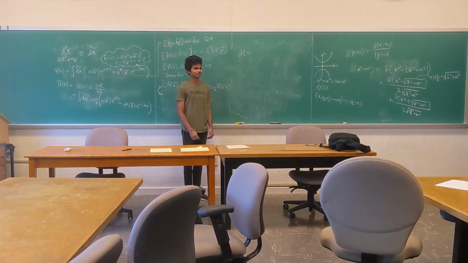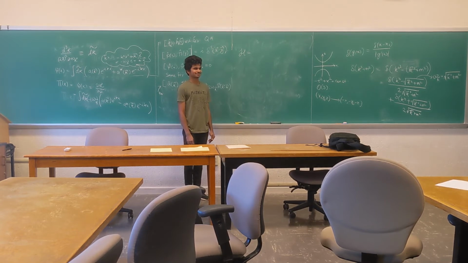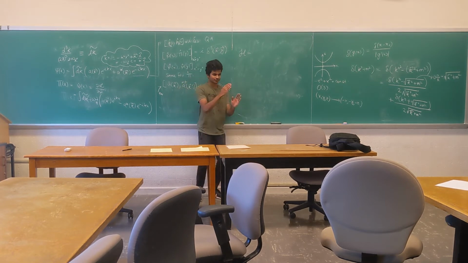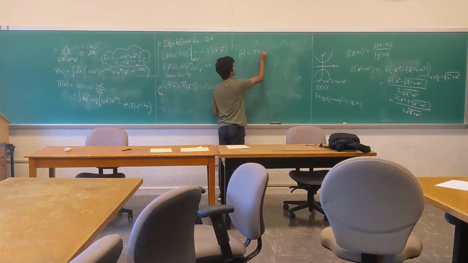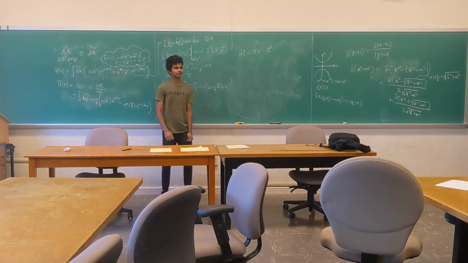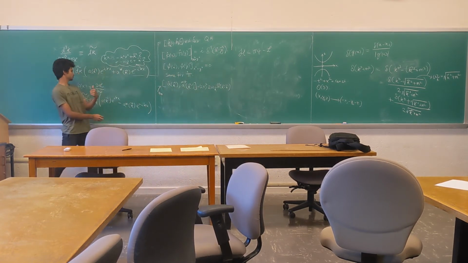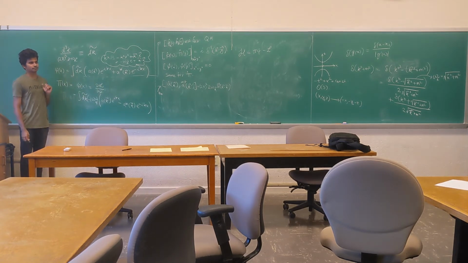So it's a Legendre transformation. It's the classic thing: P Q dot minus L. P here is pi, and Q here is phi.